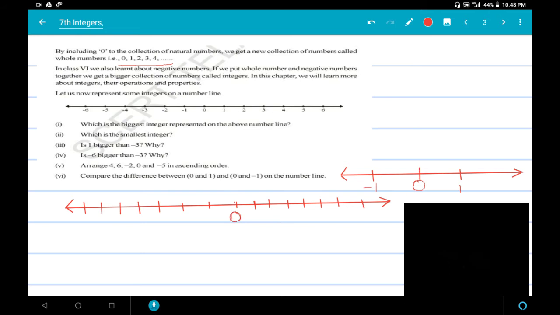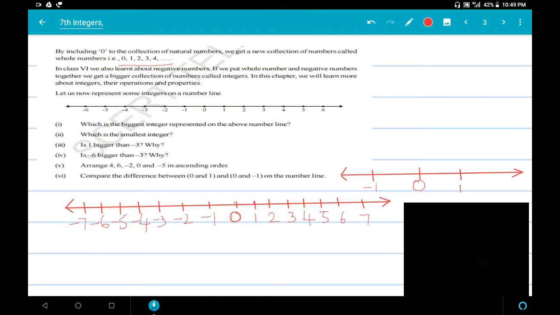Then every step, here minus 1, go to left side, decreasing, minus 2, negative numbers, minus 3, here minus 4, here minus 5, here minus 6, here minus 7. Here move right side, 1, 2, 3, 4, 5, 6 and 7.